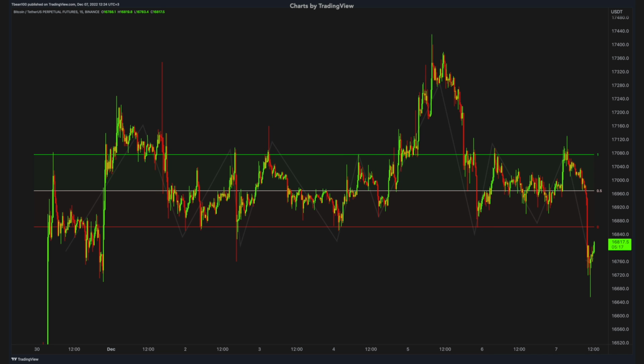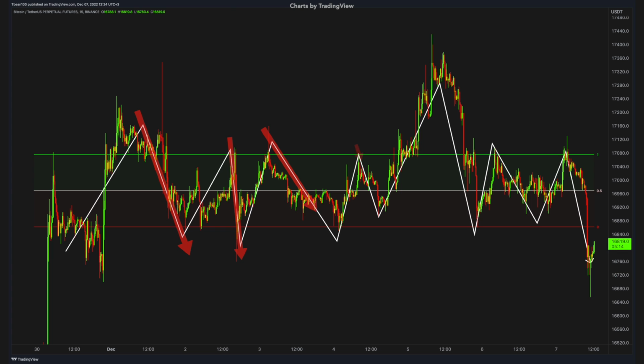You can clearly see how the range high and its deviations push the price to the range low, and the range low and its deviations keep pushing the price to the range high. This is a critical part of confirming ranges.